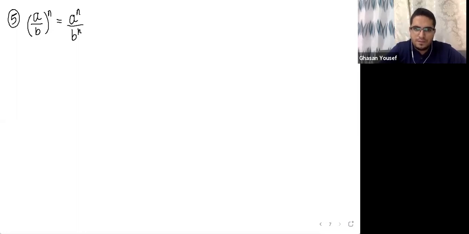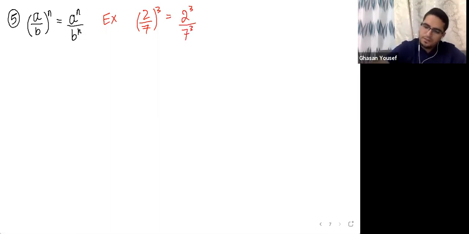Example for this, I have 2 over 7 to the power 3. This is exactly 2 to the 3 over 7 to the 3. Any question for these rules?